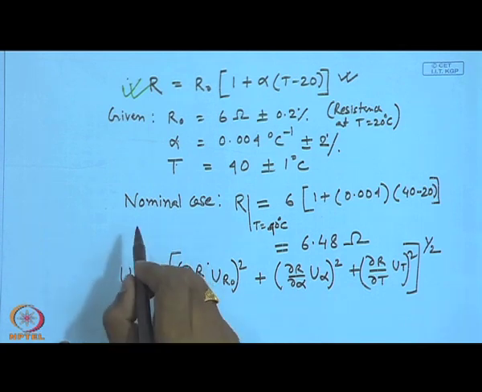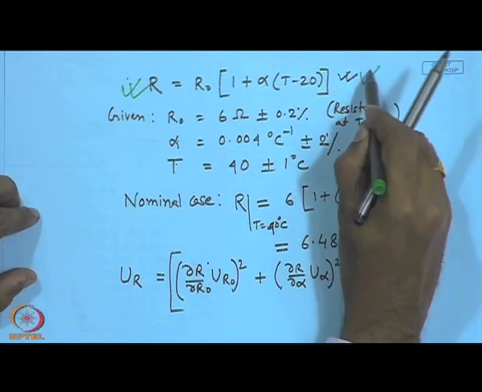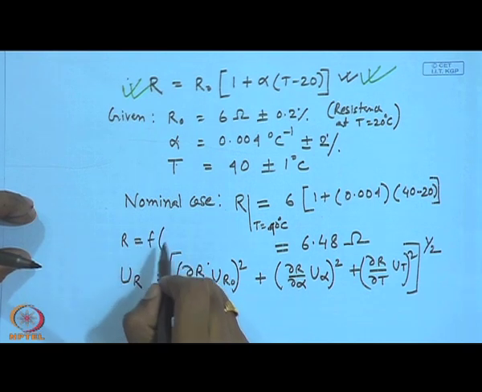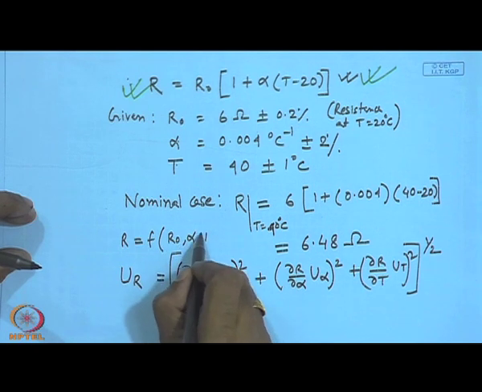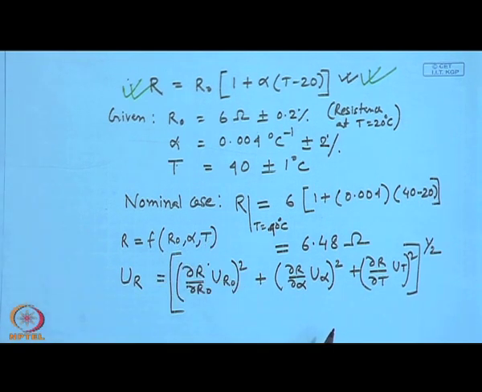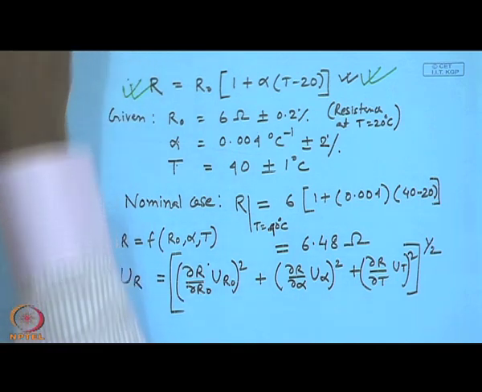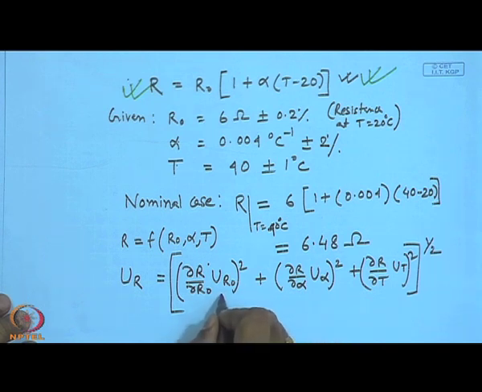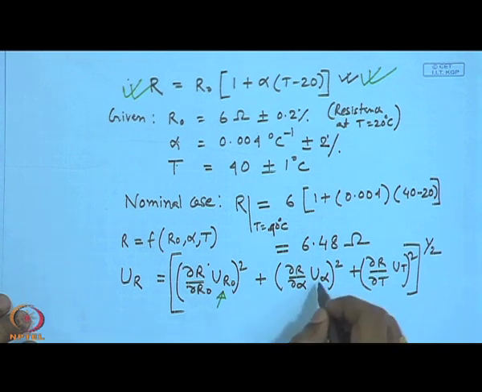We wrote this because we know that R is a function of R0, alpha and T. So, by following whatever we did in our last class, we can obtain an expression for uncertainty in R as this, where U R0 is the uncertainty in R0, U alpha is the uncertainty in alpha, and U T is the uncertainty in temperature.